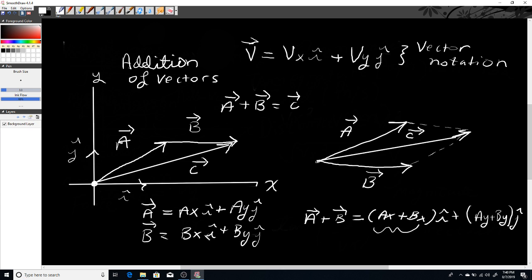So the new x and y components of the new vector, which is now vector C, would be 6 and 8.